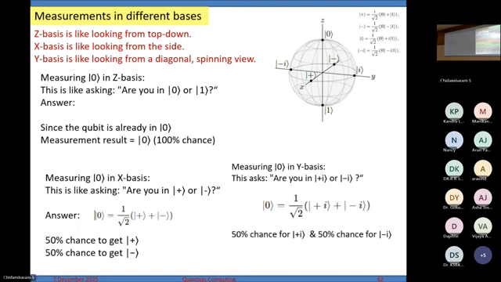You see this bottle: when you see it like this, it is different; like this, it is different; like this, it is different. Your bottle is the same. The basis in which you are seeing the bottle is changing. That is what changes: the basis, the measurement.